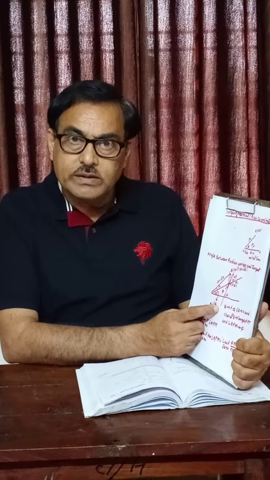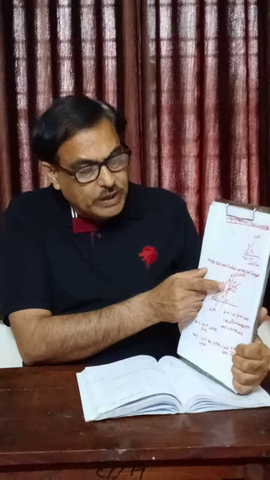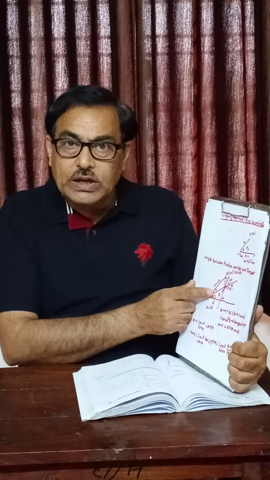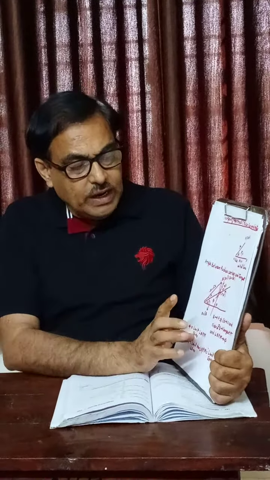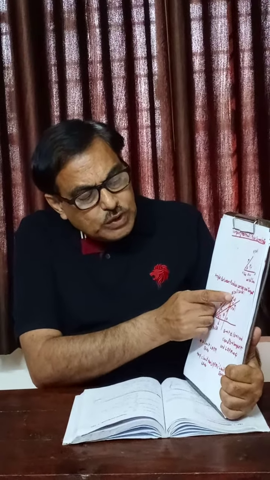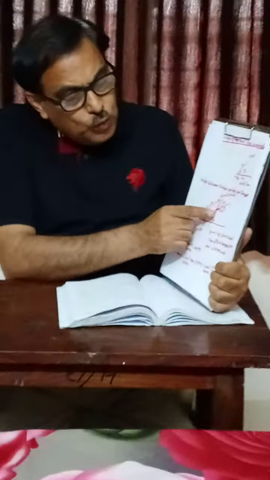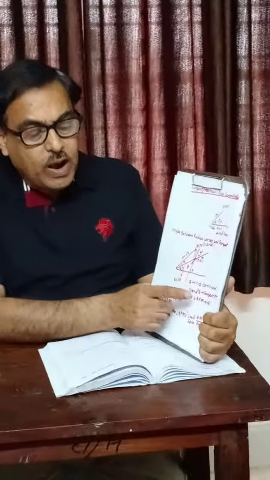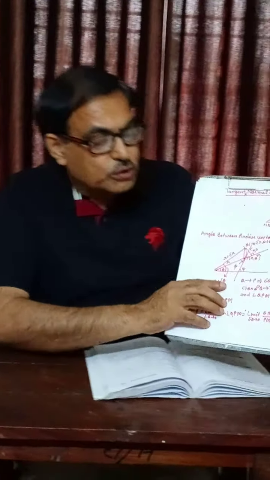Listen again: when the point Q tends to P, angle delta theta tends to 0 and the chord PQ tends to the tangent PT. And when PQ tends to the tangent PT, the angle QPM tends to phi.